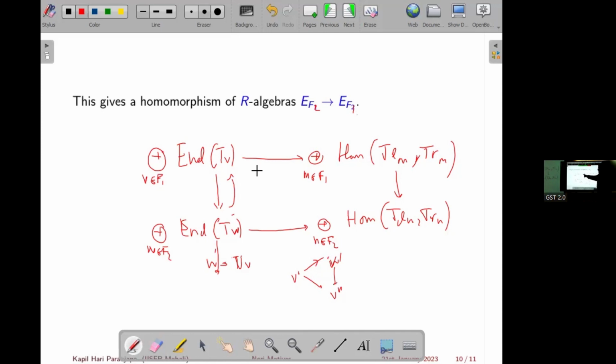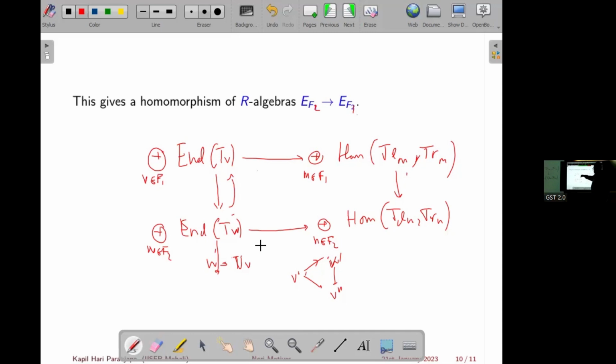Maybe it was wrong of me to write a diagram like this, maybe I should have taken the projection. That I have not checked, maybe that diagram also commutes. In any case, my point is, this is a bigger diagram. So the condition on EF2 is more than the conditions on EF1.